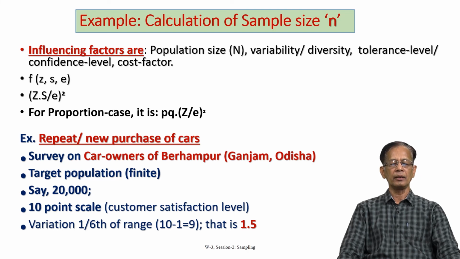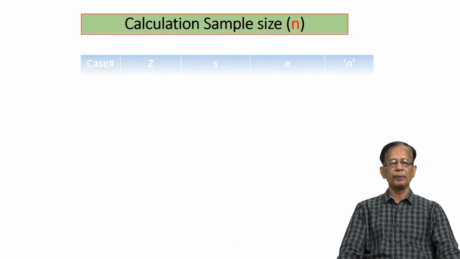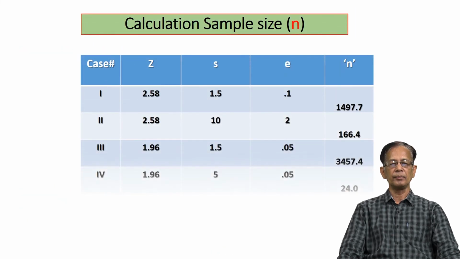And if you are checking the customer satisfaction level, you could take a Likert scale of 5 point, 4 point or 10 point. Say for example, we are taking a 10-point scale. So it starts from 1 to 10, the range is 9, and if the variation you are tolerating is 1/6, it comes to 1.5. Now, please see, these are the columns, one is Z, these are called the normal ordinates.